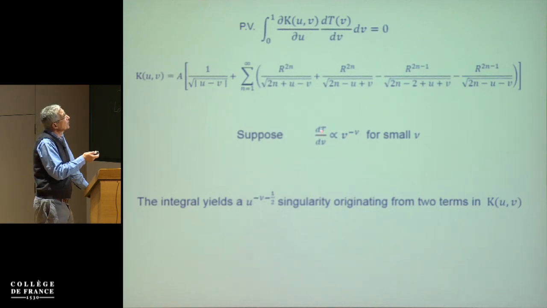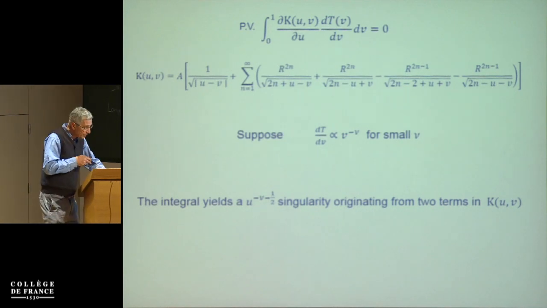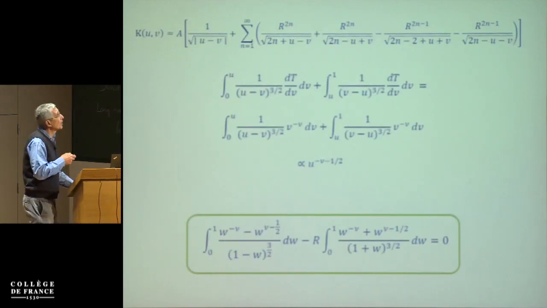Then if you insert it here and look at the resulting integral, there is going to be a term which is u to the power minus nu minus a half when you integrate. But it has to be 0, and therefore the coefficient of this term must be 0. Right? Let me show you how it comes.